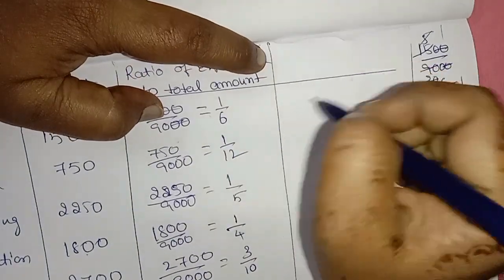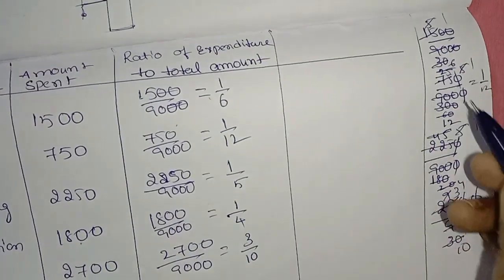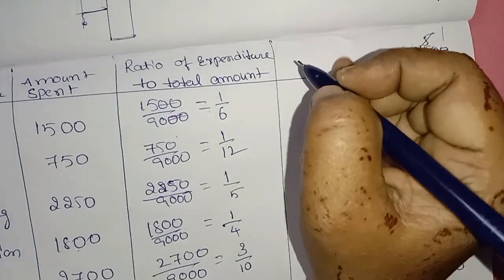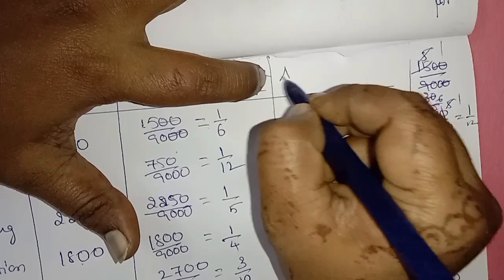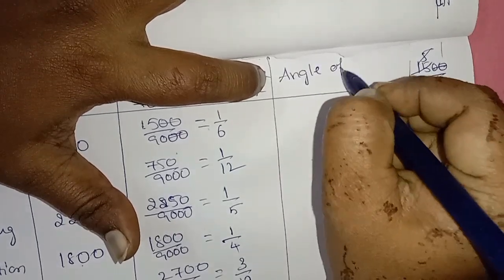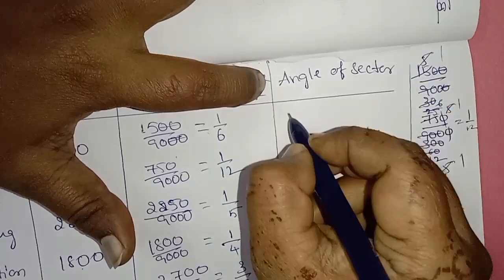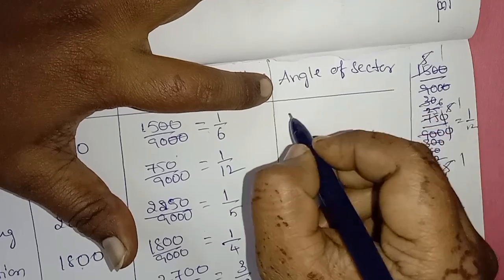So whenever we are drawing, you will get a pie chart. We have to draw in a circle, right? So there we want the angle of sector. The total angle in the circle is 360 degrees.